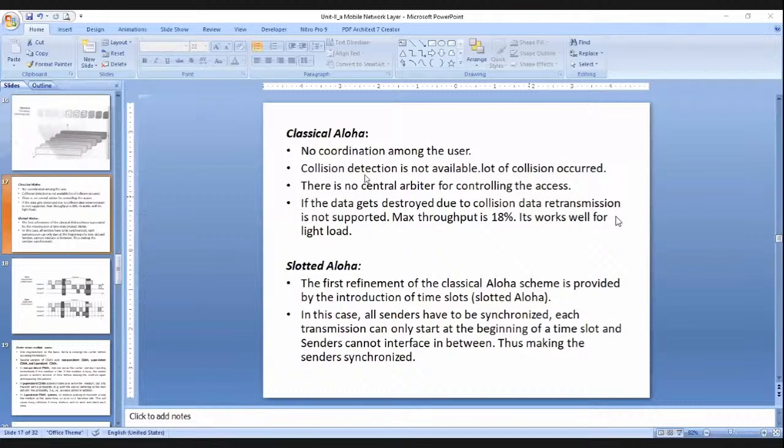As we don't have collision detection here, you don't have any control access on the medium. If the data gets destroyed due to collision, data retransmission is not supported. In classical Aloha, there is no possibility of data retransmission during a collision.